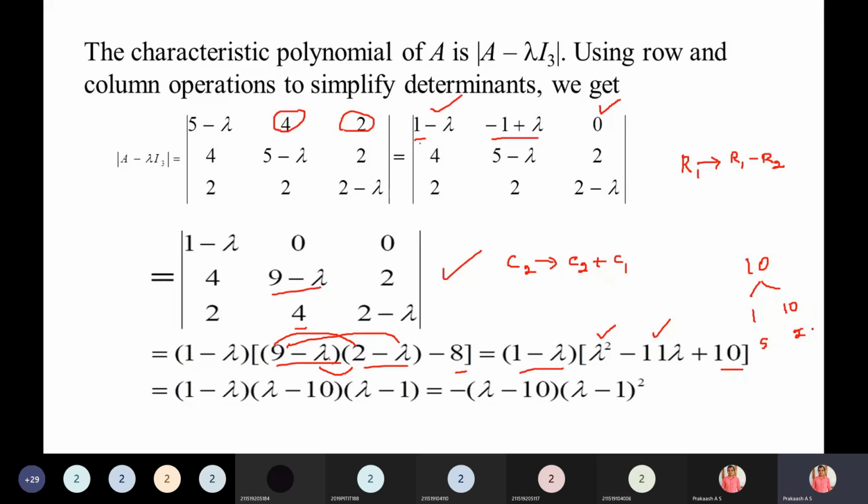So this is not possible because sum or difference is not 11. So both are minus, so that if you add them you will get minus 11, and if you multiply you will get plus 10. So lambda minus 10, lambda minus 1. If you adjust this, minus of lambda minus 1 will get it. From that, lambda minus 1 whole square, lambda minus 10 into minus.